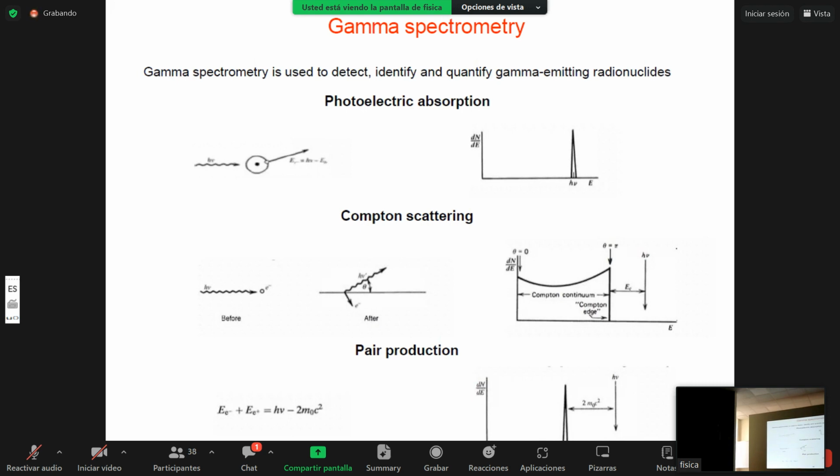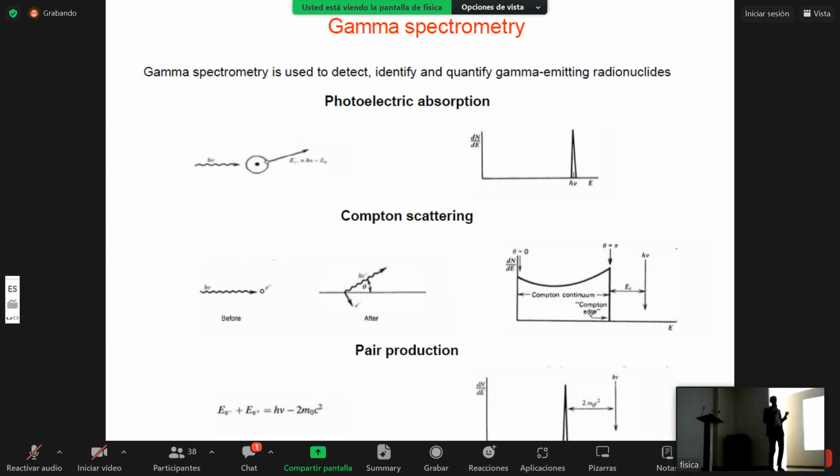For example, in some applications, you have just an isotope and don't know exactly what kind of isotope it is. And the task of a physicist is to identify it by measuring different gamma lines.